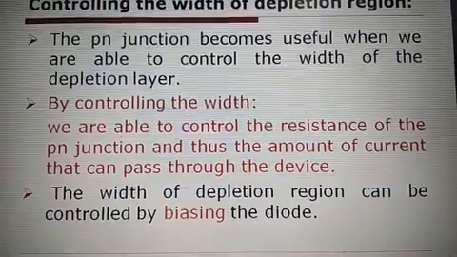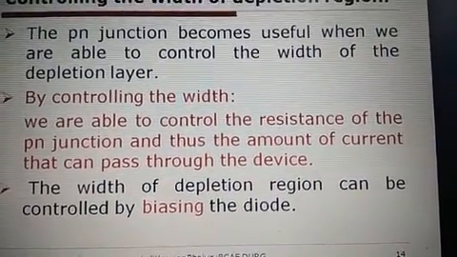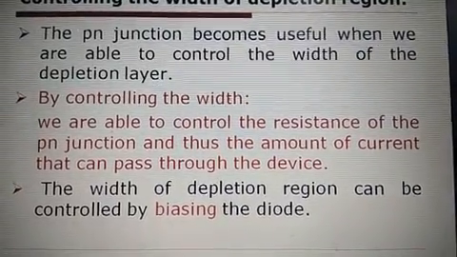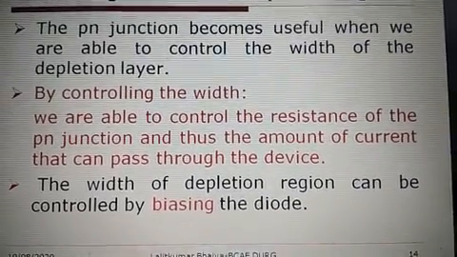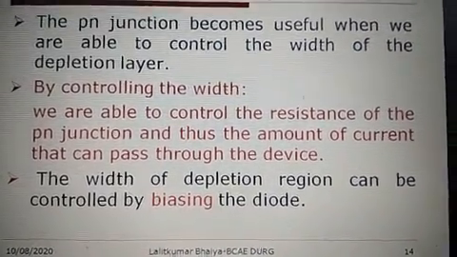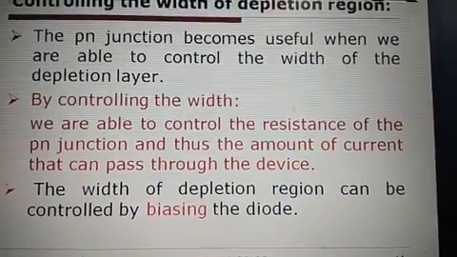By controlling the width, we are able to control the resistance of the PN junction and thus the amount of current that passes through the device. How can the current be controlled? By controlling depletion width, we can control the resistance and the current will be controlled.